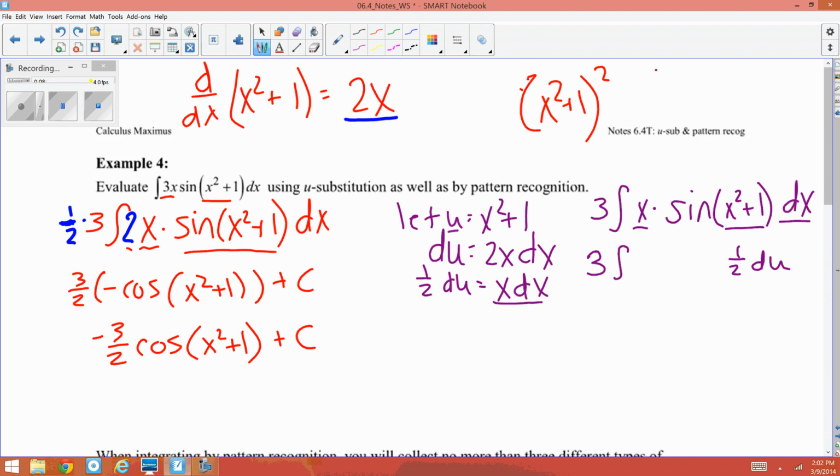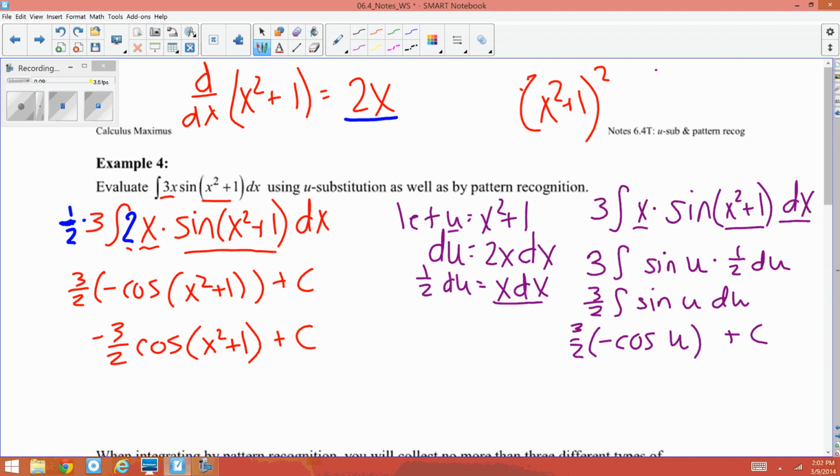Instead of writing sine of x squared plus 1, I'm just going to write sine of u. Now I don't like that constant in there, so I'm going to pull it out. Now we're just integrating sine of u du. All right, so the antiderivative of sine, I'll pull my constant down, is negative cosine, plus c.